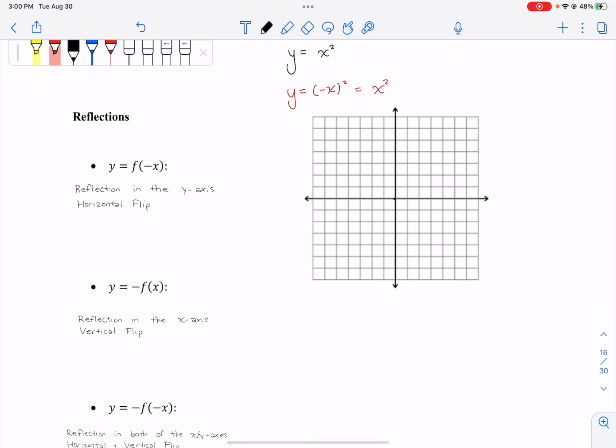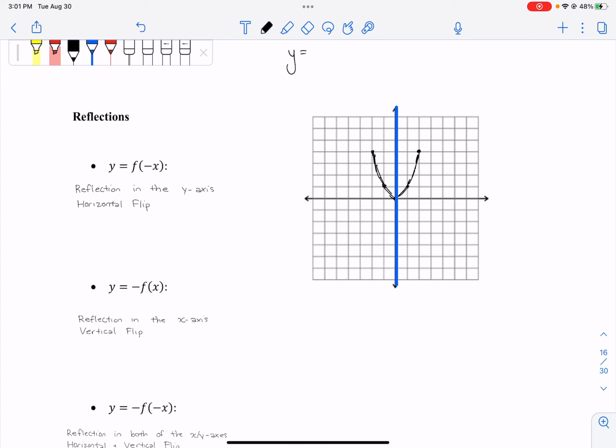So if this is my original, here, here, here, here, and here, and I reflect it in the y-axis, nothing happens because a parabola is already identical. So this point goes to this point goes to this point, and the middle doesn't reflect. Nothing actually happens.